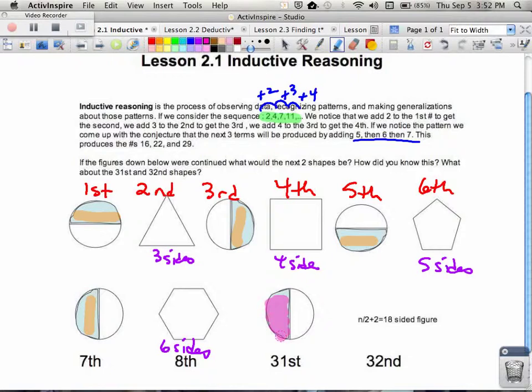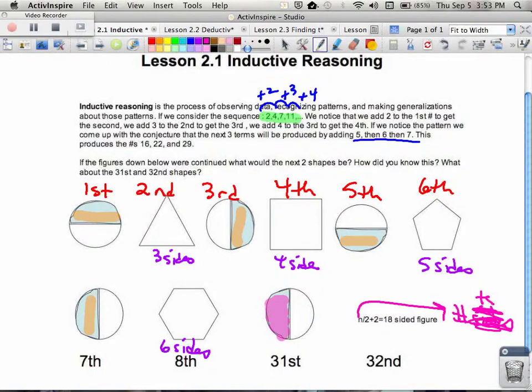And then on the even ones, there is another pattern. If you divide the number of sides, which I like to call n, as you see here in this equation or formula, this stands for the number of sides. So if you take the number of sides and divide that by 2, like for example with the triangle, or sorry, not the number of sides. The term number is what I meant.